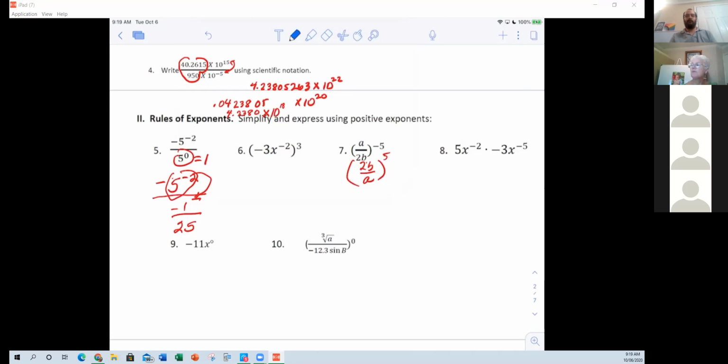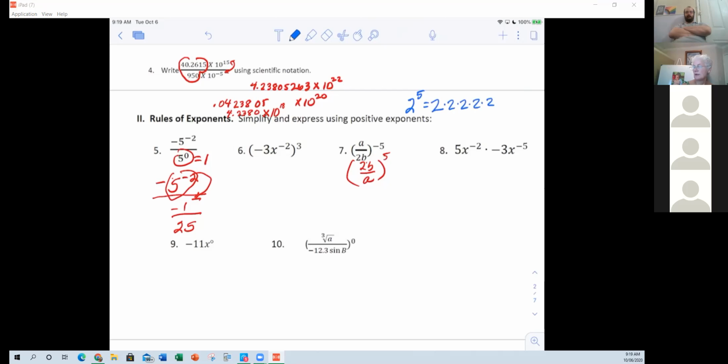Okay, so give me a guess. If you had something like 2 to the 5th, what does that 5 tell you to do? Does it times, I don't know, times it. So you take 2 and do what to it? Multiply it 5 times. 5 times, right?